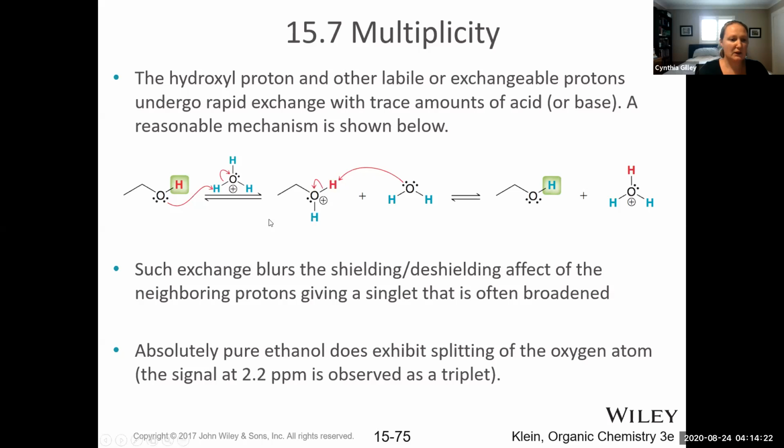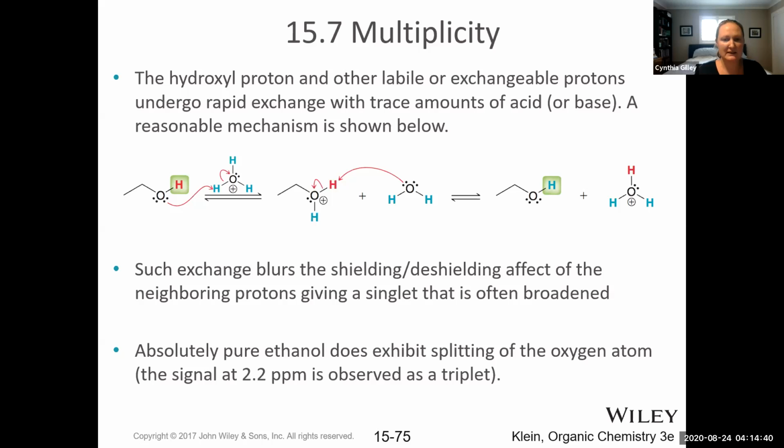As a result, any given hydrogen is not spending all of its time around the oxygen. And these proton transfers in solution are happening so fast that it's too fast for the time scale of an NMR.